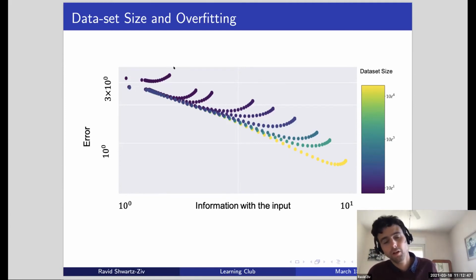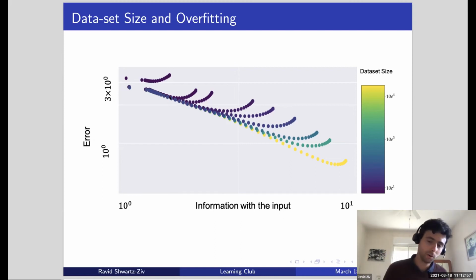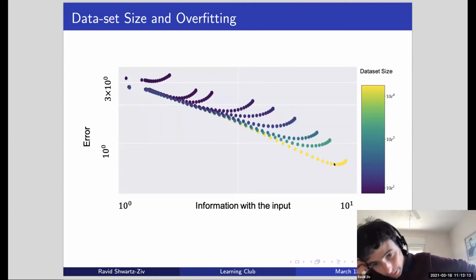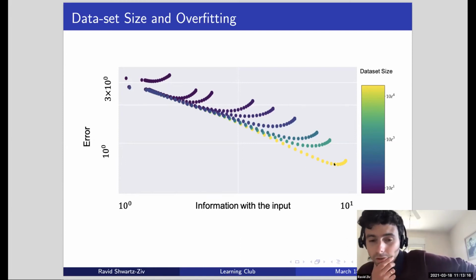Okay, it starts to overfit really quickly. But when you increase the number of examples, you see that the network can store more information, and the point where it starts to overfit goes to the right. Okay, and you see here that when you increase the number of examples up to here, the network overfits only when it stores a lot of information.